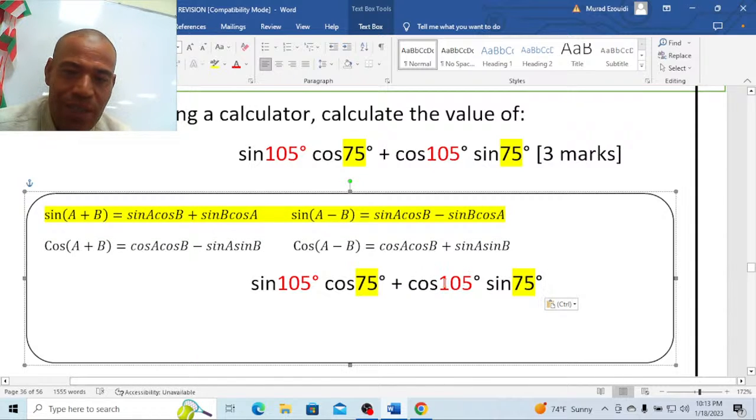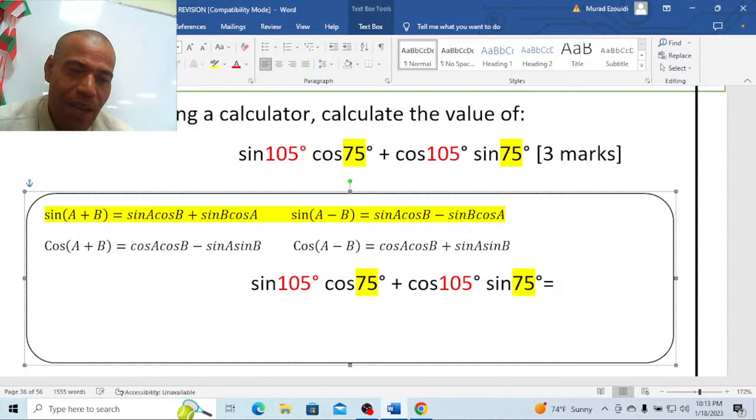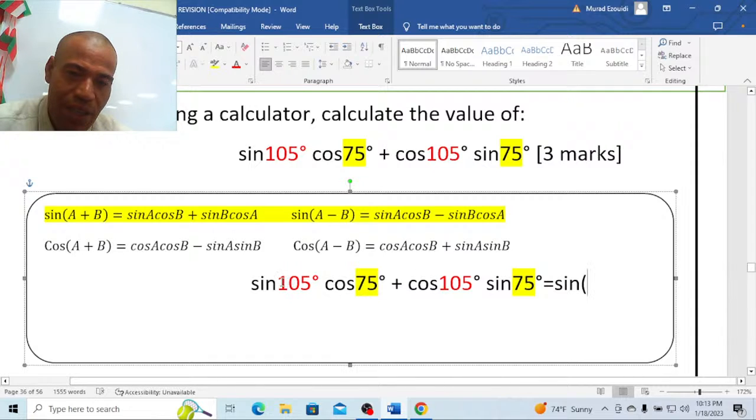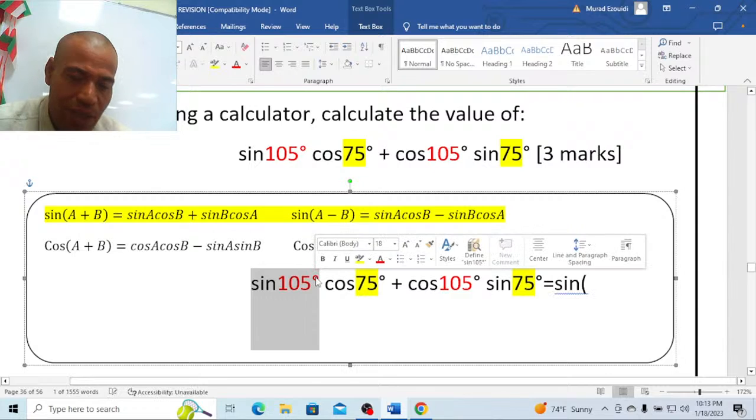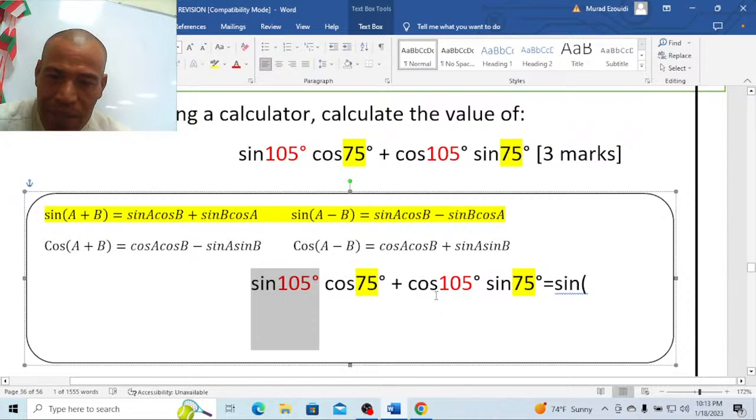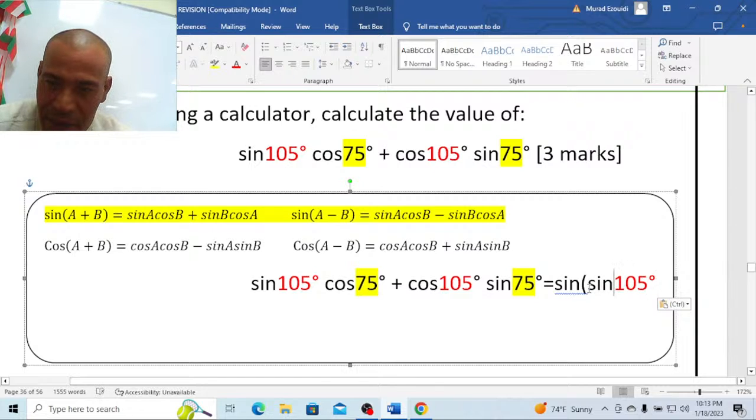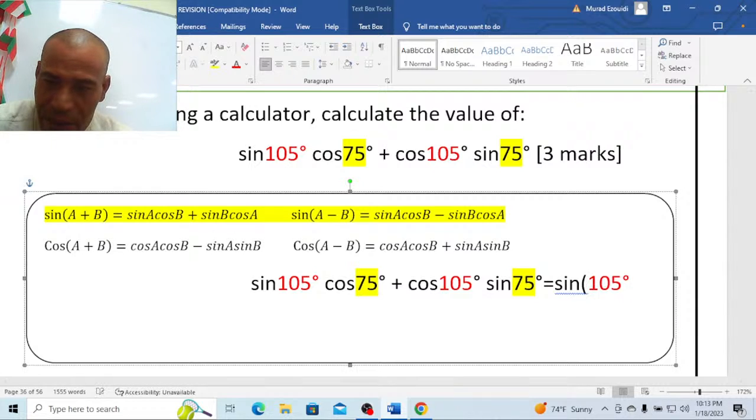So this one, learners, is equal in fact to sine of A plus B, equal sine between parentheses 105 degree plus what, learners?